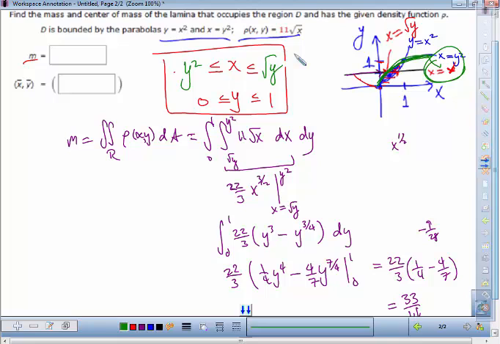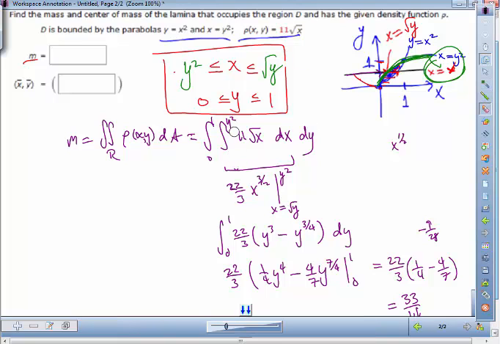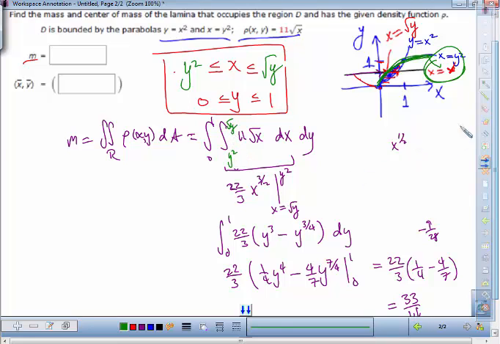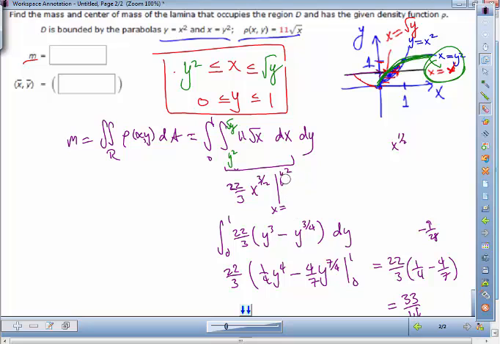Can we just switch it and put a negative in front, and is it going to work out? Track my mistake here. Y squared, square root of y. And so these two are switched.